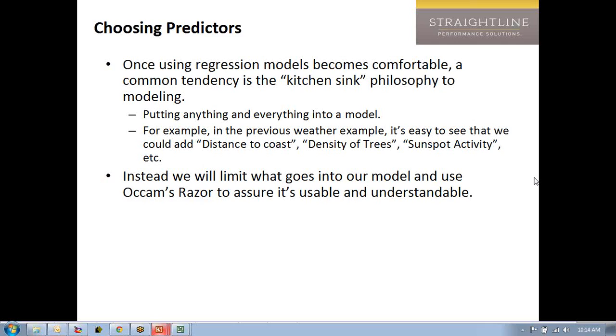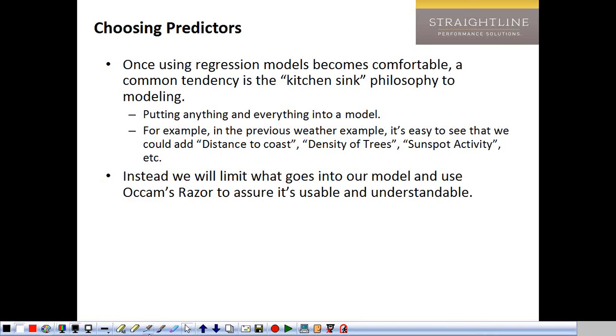And we talk about this in building regression models as using a concept known as Occam's razor. And that, again, simply states that given 2 models, if they both have equal predictive power, we should choose the simplest.